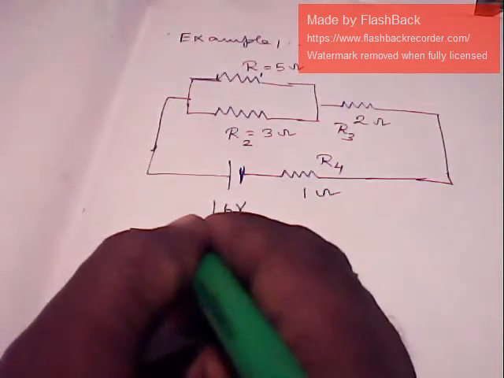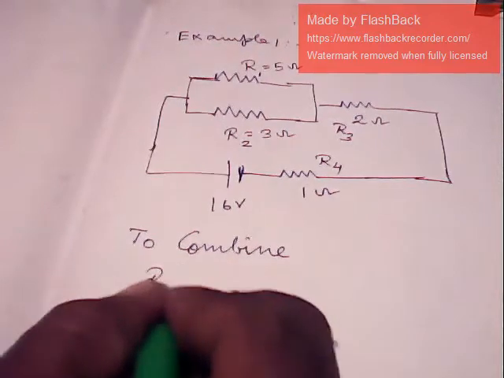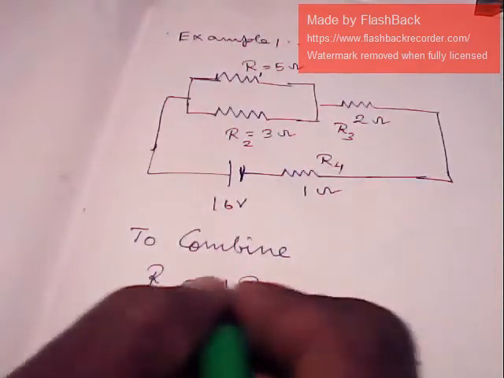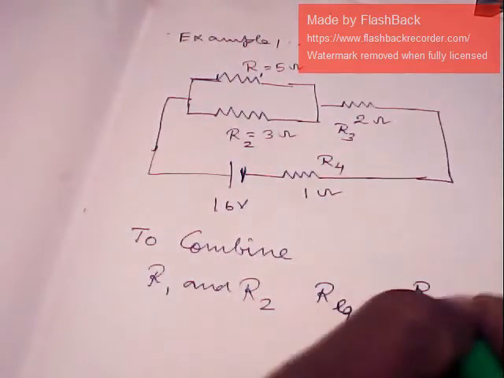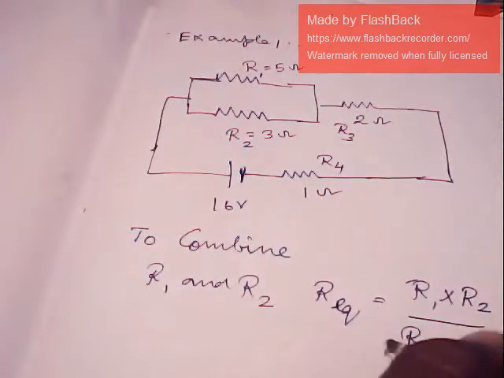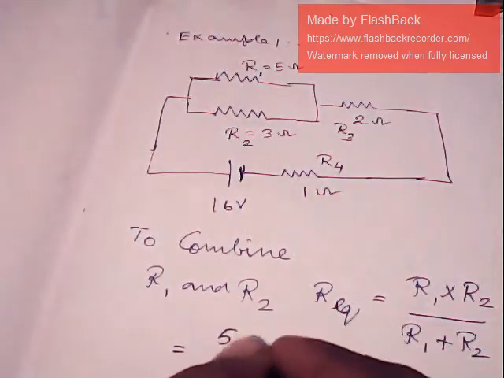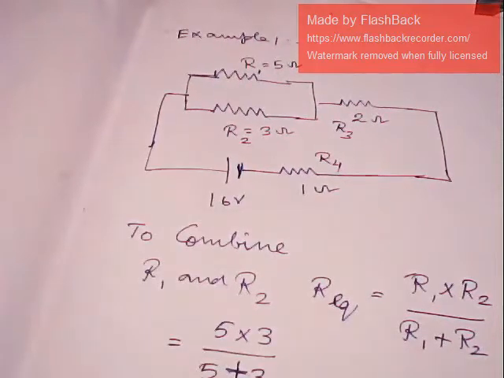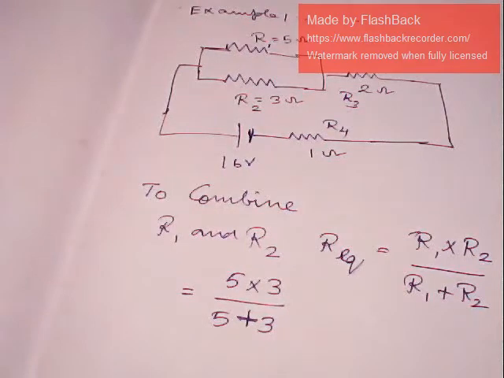To combine R1 and R2, I will use the formula R equivalent is equal to R1 into R2 by R1 plus R2. So that gives 5 into 3 by 5 plus 3.